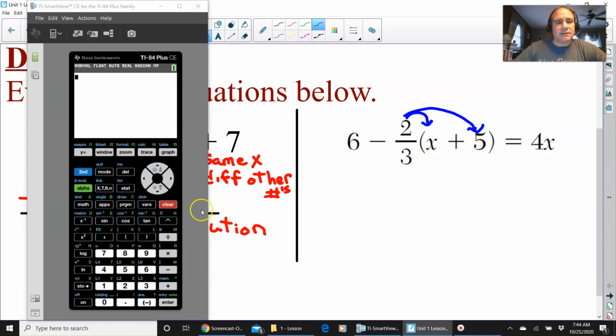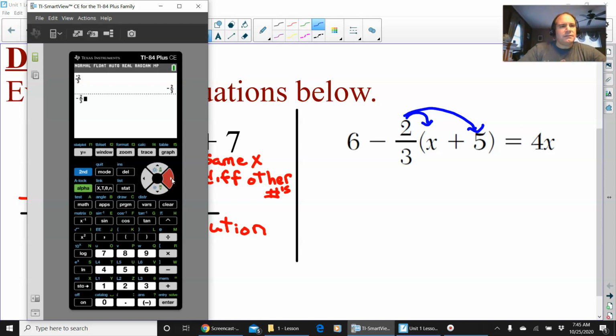As I've said a lot of times during the videos, alpha x is that fraction button, and it gets the fraction to come up. So this is a negative 2/3. You notice I put the negative on the top in the numerator. It doesn't matter where you put it, as long as one is positive and one's negative, it'll be fine.